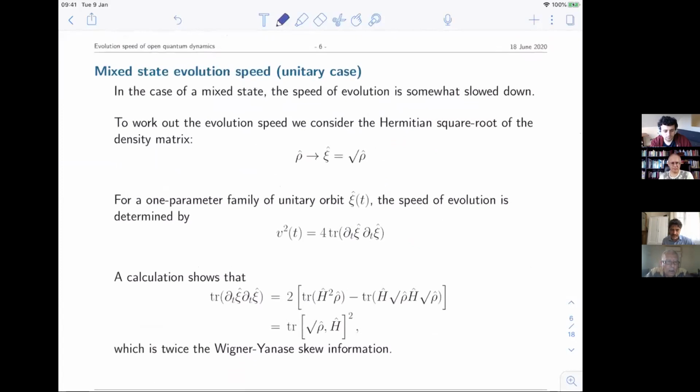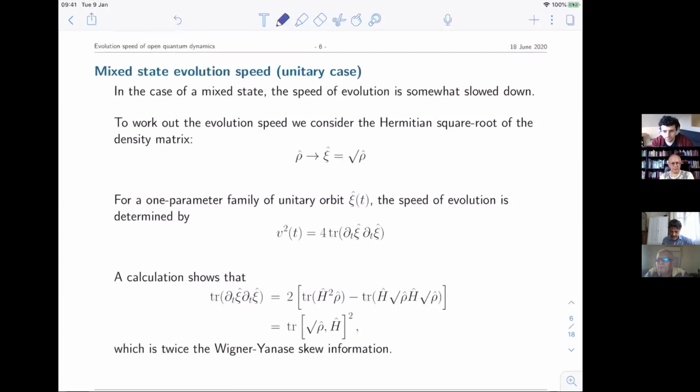So let C be any Hermitian square root of the density matrix, so that C squared equals rho. Okay. Then the velocity squared would be given by 4 times the trace of C dot squared. And it's fairly easy to calculate this.